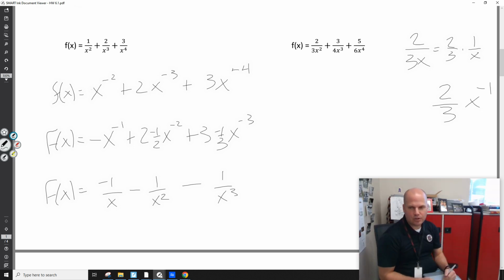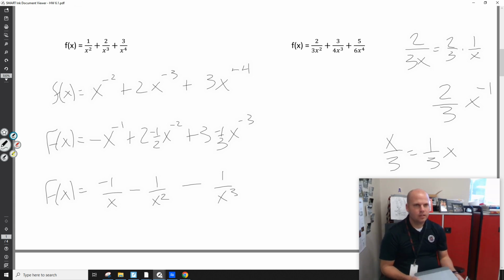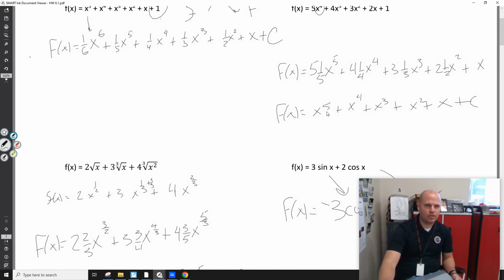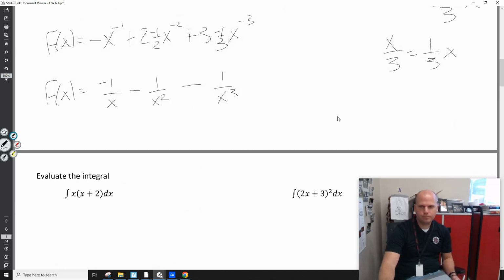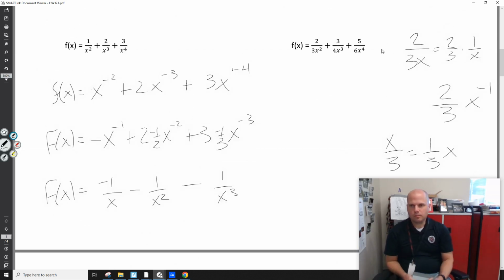We see this a lot with students with like x over 3. They don't know what to do with it. It's like x over 3 is the same as 1/3 x. I probably should have put a couple of those in here, but I didn't. We'll be fine. Okay, so 2 over 3x is 2/3 times x to the -1. X over 3 is 1/3 times x.